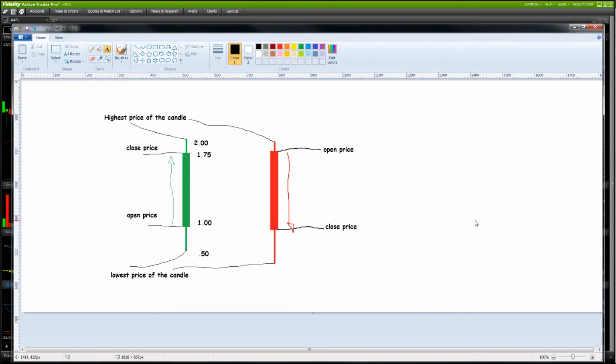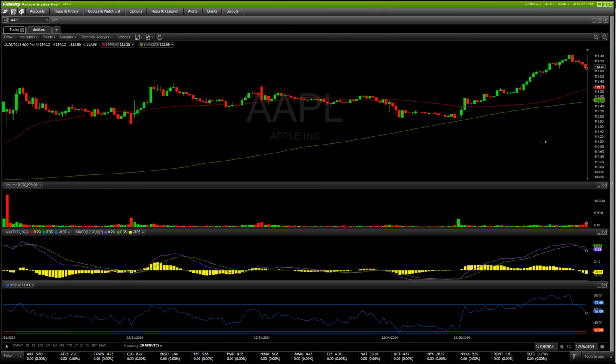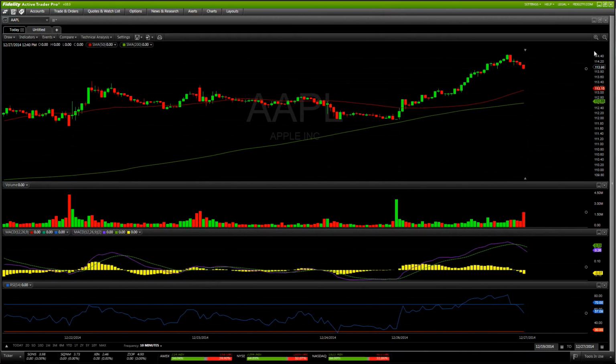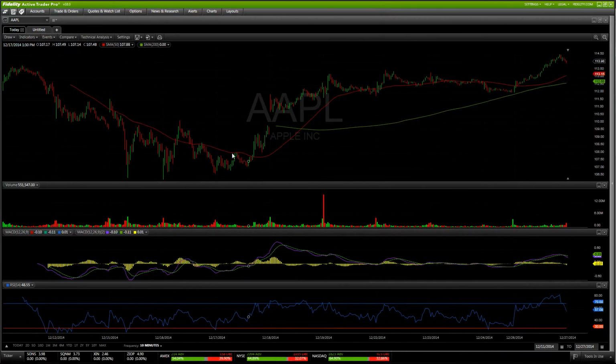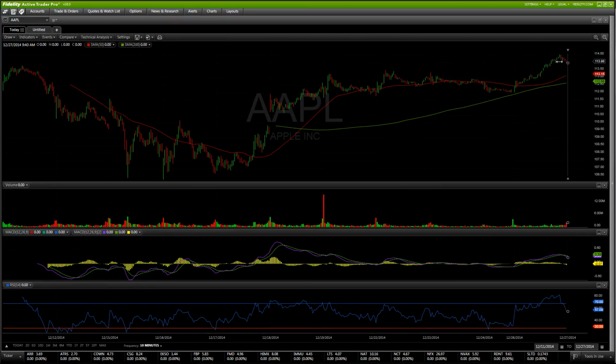Now you can see what a candlestick is and what a bunch of candlesticks together are, and they make what we call a chart. And we use these charts to identify certain market conditions and determine which direction a stock or security is going to continue, whether that's up or down.